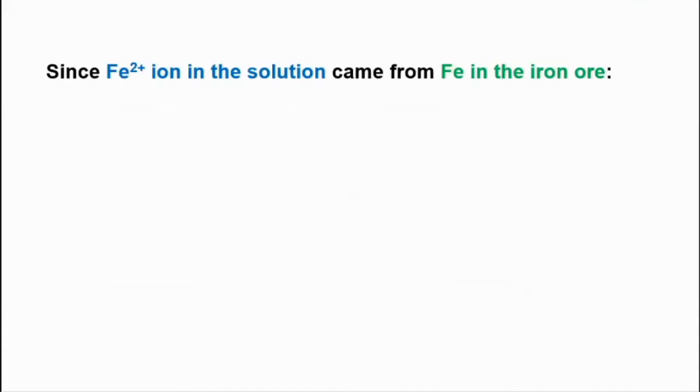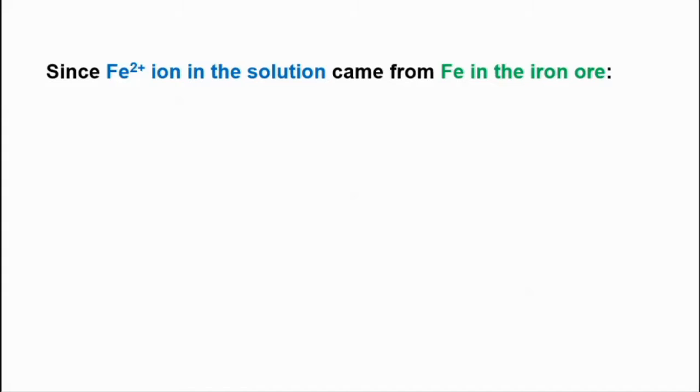And remember this iron 2 ion actually came from iron in the iron ore. When we dissolve iron ore into this acid solution, the iron in the iron ore dissolves to form iron 2.